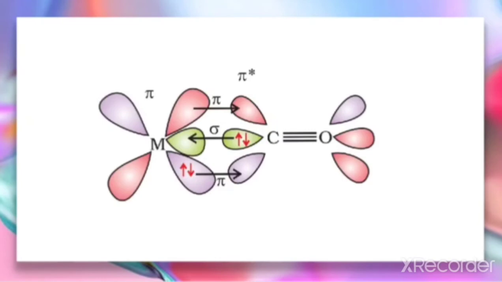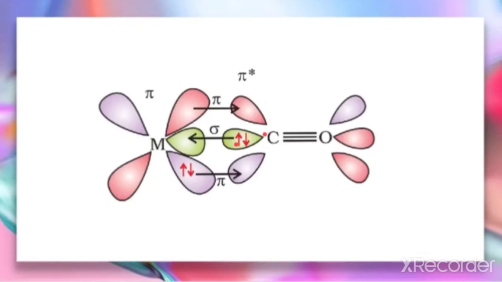The bonding in the metal carbonyl takes place in a somewhat different way, that we are going to discuss here. The bonding in the metal carbonyl is described in 2 steps. First step, there is a donation of a lone pair that is present on the carbon of the carbonyl group.